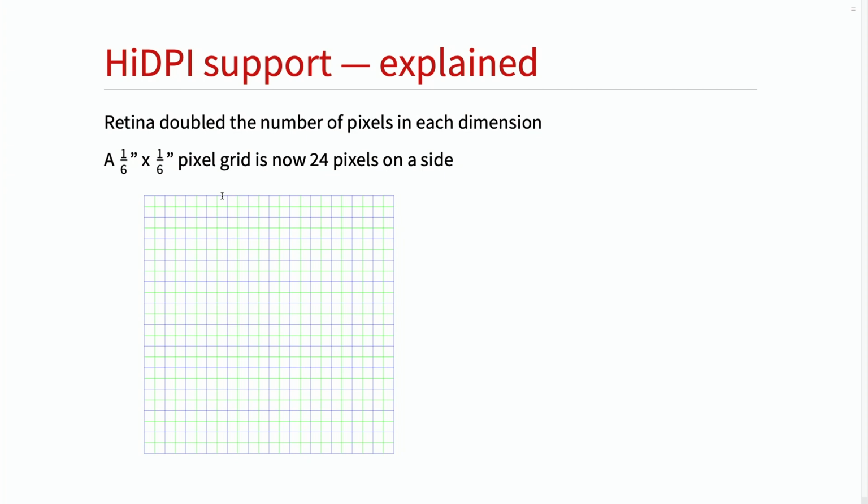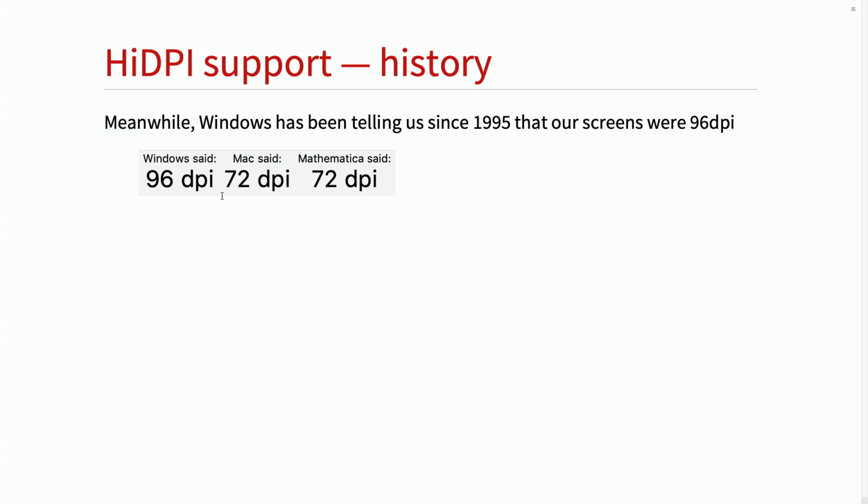And so in this case, this is our pixel grid, 24 pixels on a side, same in principle, same linear distance, same linear dimensions. So now on the Windows side, it's interesting because from a programmer's perspective, you've been able to query what the monitor resolution is under Windows.